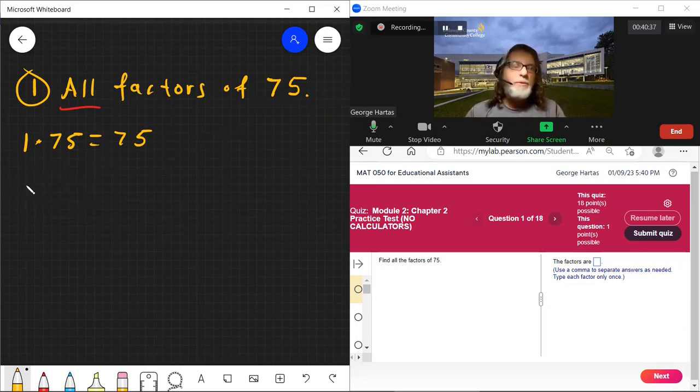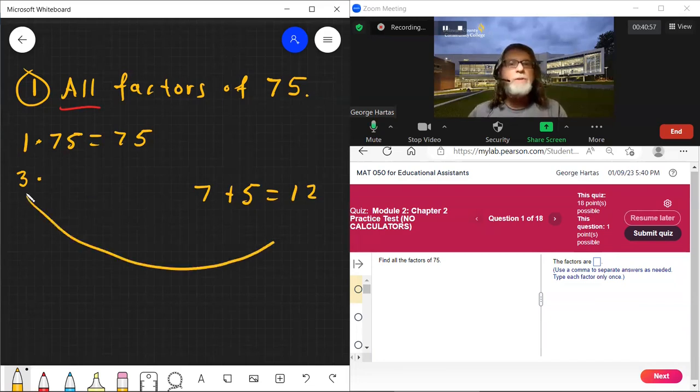How about the number 3? Can we say 3 times something is 75? Well, let's use the divisibility rules to help us. And for the number 3, we're going to add the digits. We're going to add the 7 and 5, and we get 12. And then we ask ourselves, can 3 divide into 12 evenly with no remainder? And the answer is yes.